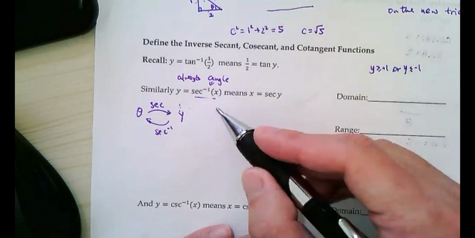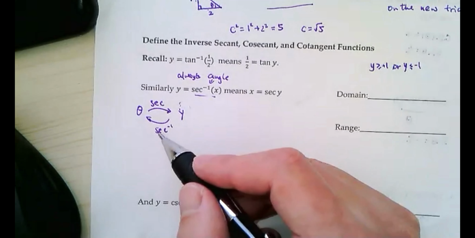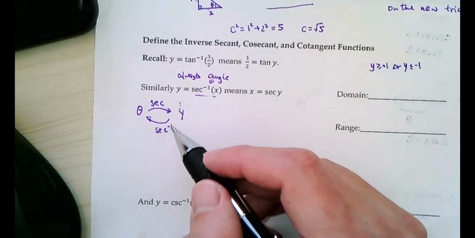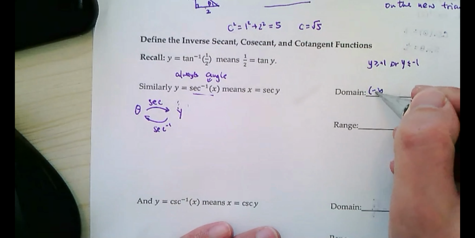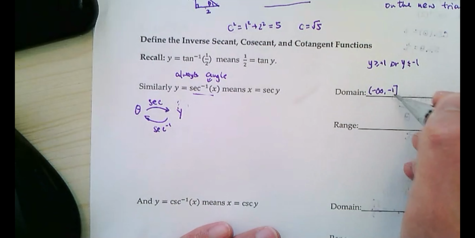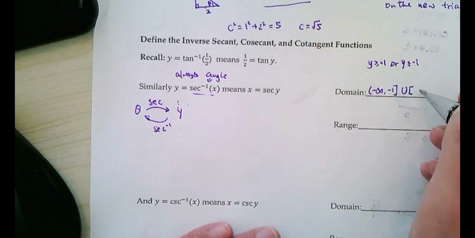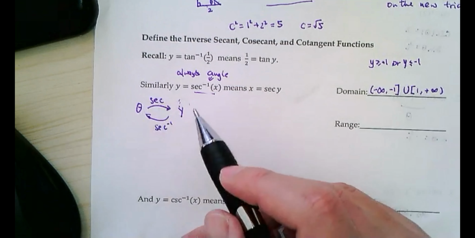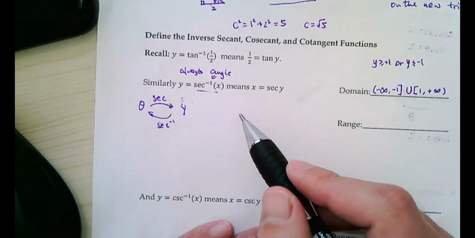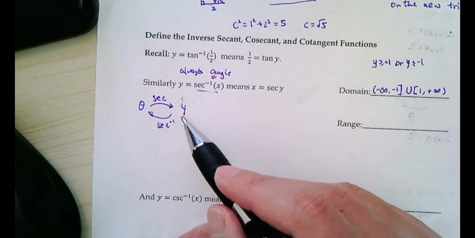And the previous y values now in our new inverse secant function become the domain. So our domain is negative infinity to -1, union +1 to positive infinity. Any question on how we get that? Just think about this graph. Okay, any question on this part?